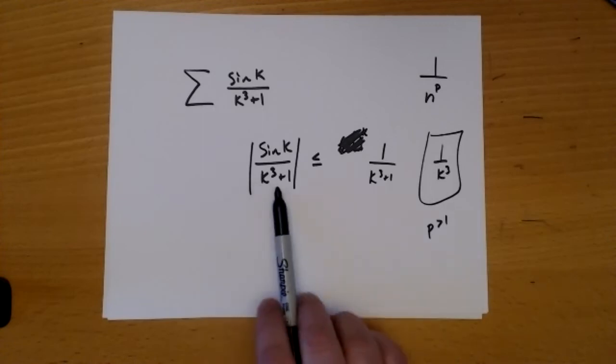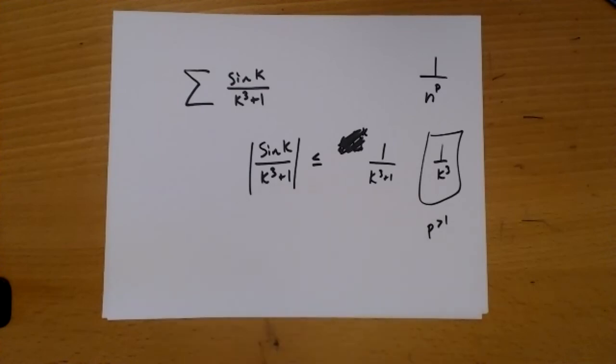Is it absolutely convergent or is it conditionally convergent? Absolutely, wouldn't it be? Why? Because even if it's a -1 or a 1 on the top, it's just going to keep getting smaller and smaller.